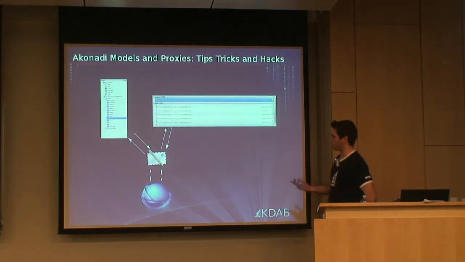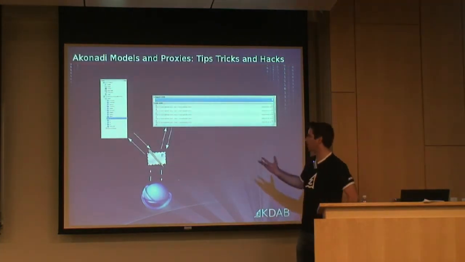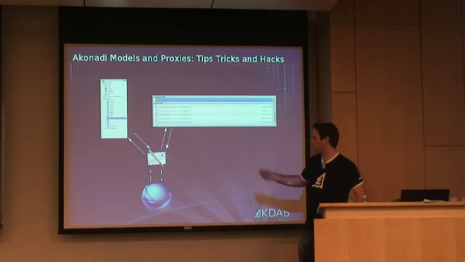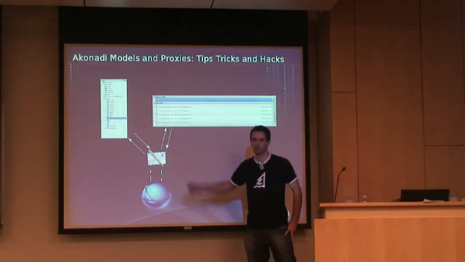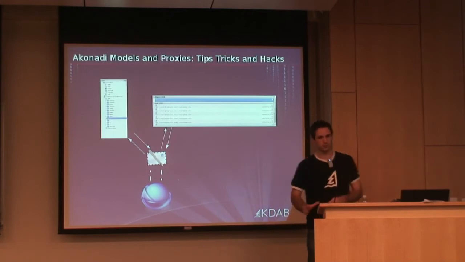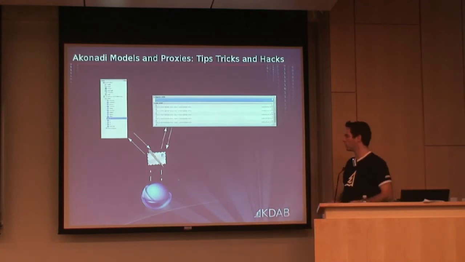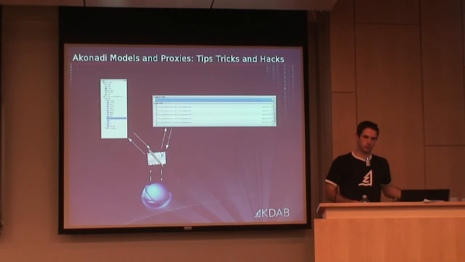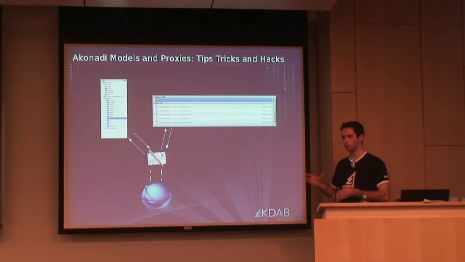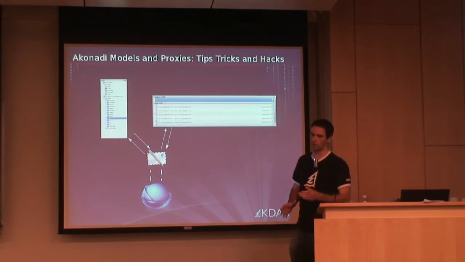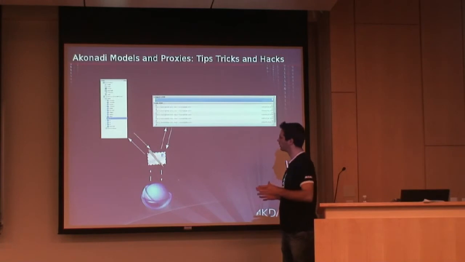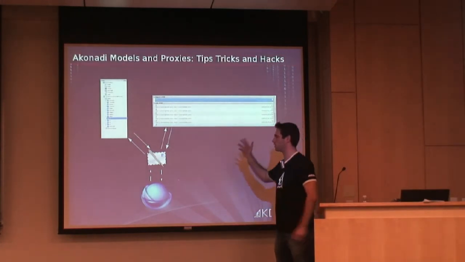Then inside each of the PIM applications, say inside KMail, we have a QAbstractItemModel representing all of your emails. So what that does is it communicates with the Akonadi server, and it says, give me all of the emails. And so it has a subset of all of the data, and it puts that into a model, which can then be put into different views inside KMail.